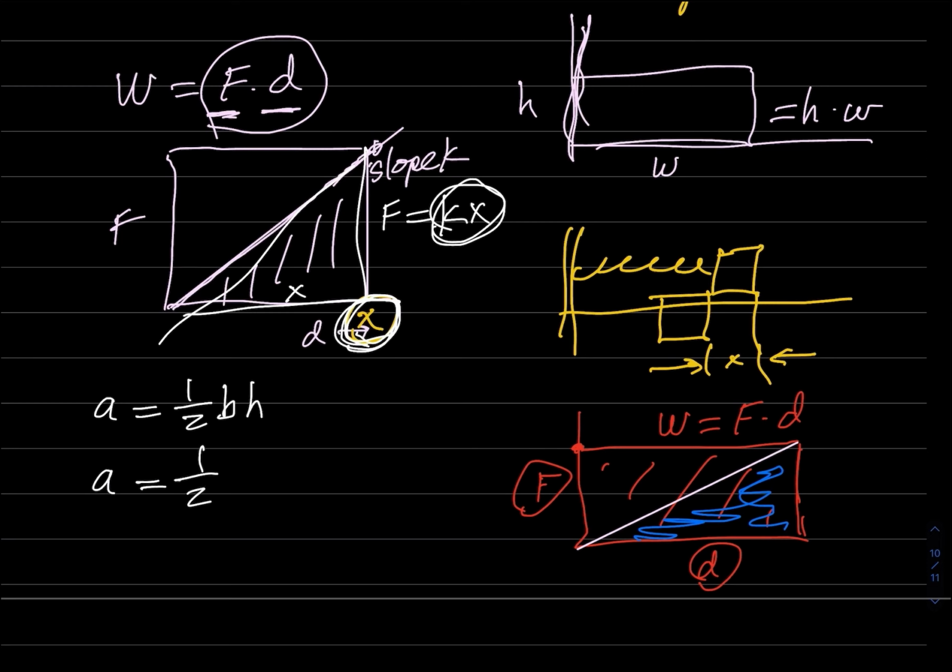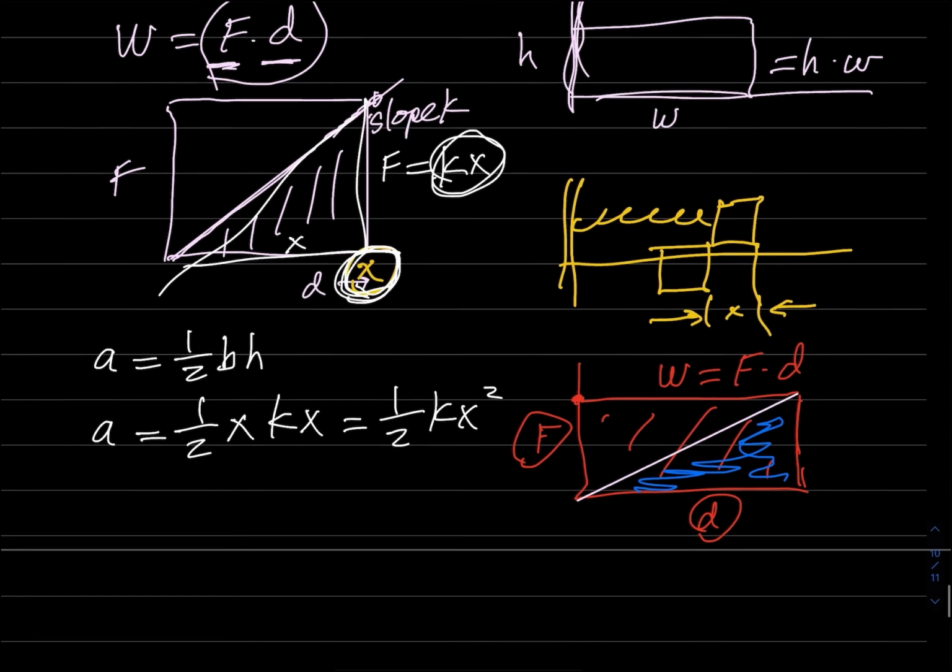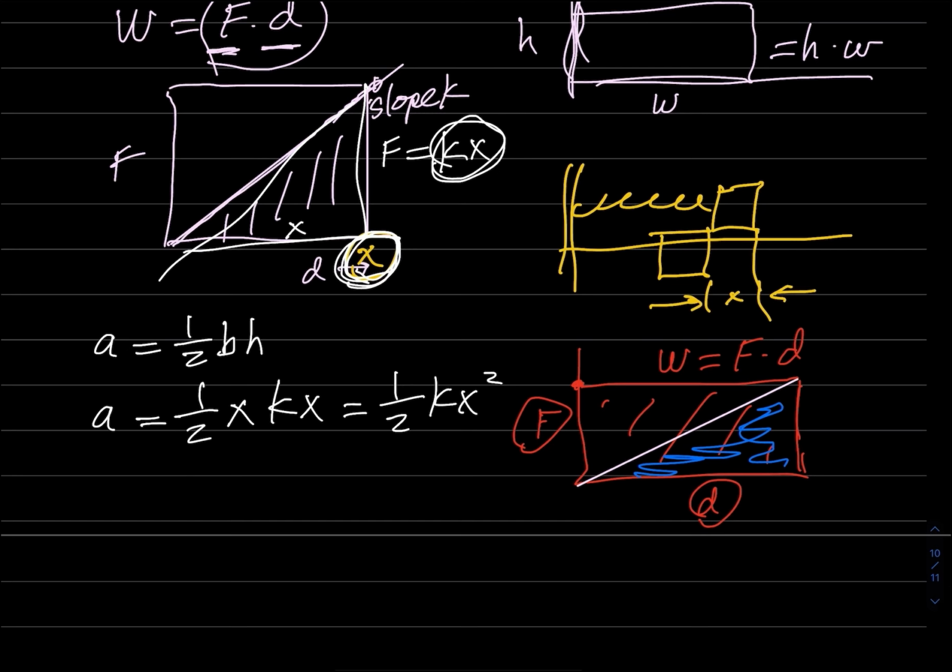So that's 1/2 times x times kx, and that's 1/2 kx squared. And that's the area under the force displacement chart. And so that's the work done. And that's also the potential energy stored in a spring of spring constant K that has been compressed x distance from its equilibrium position.